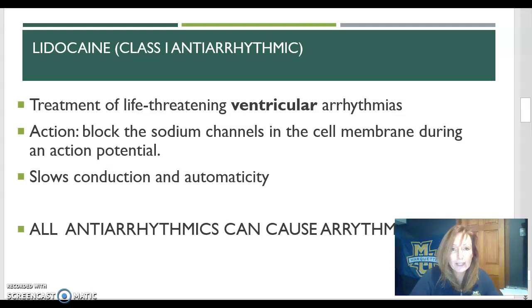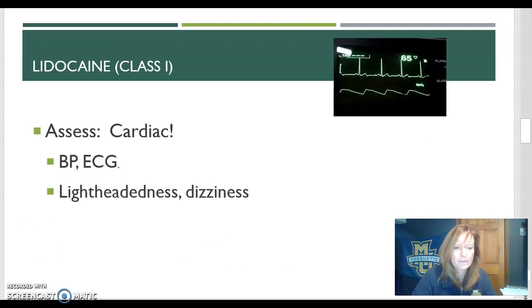So treatment with lidocaine, we only use it for short-term, life-threatening ventricular arrhythmias, such as during an MI or during cardiac surgery. And another thing, all antiarrhythmics can cause an arrhythmia. So just what we're going to treat, it may actually trigger a different electrical dysrhythmia.